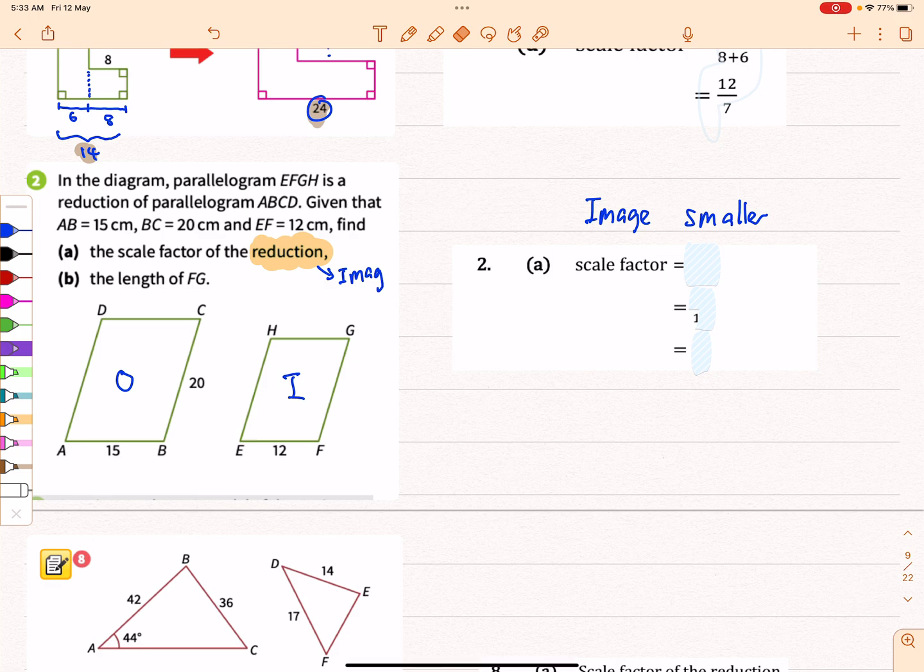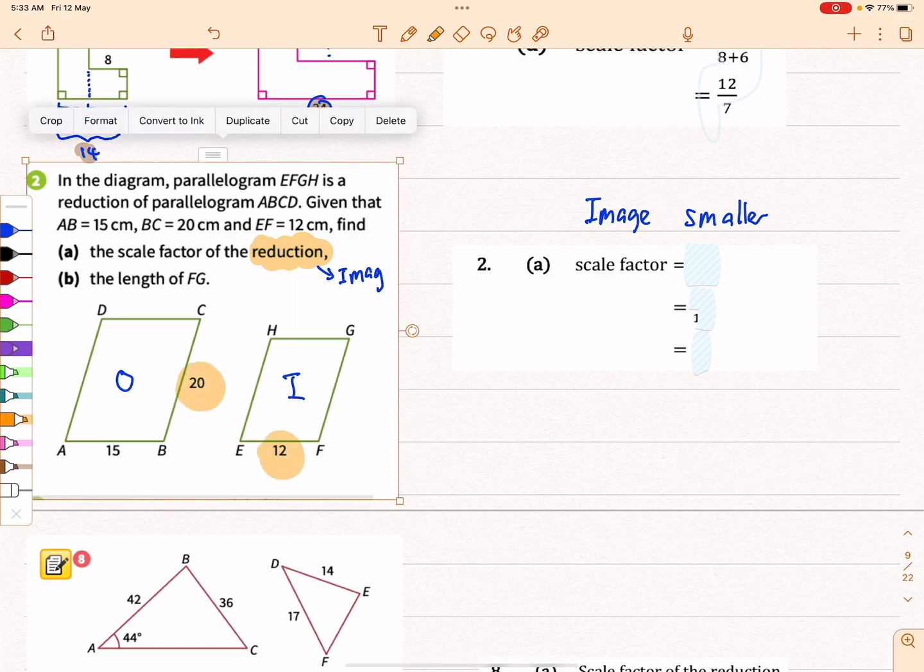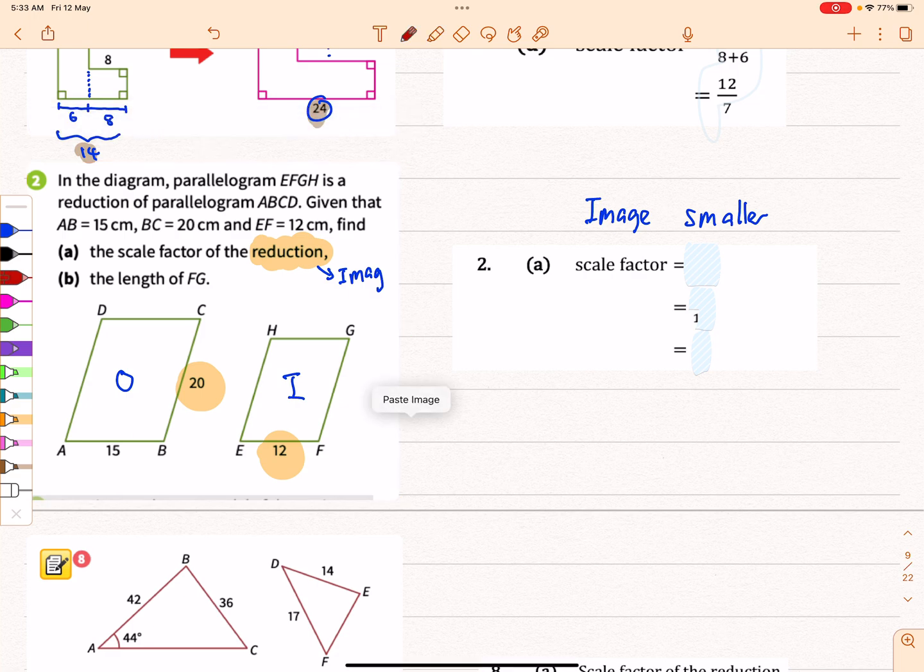From here, you want to find out your scale factor. Could you compare 12 and 20? No, because it's not the corresponding length. How do I know the corresponding length if I don't use observation? We could label the alphabets.